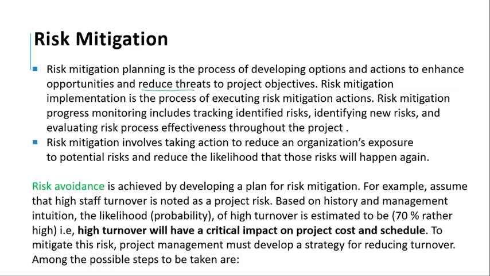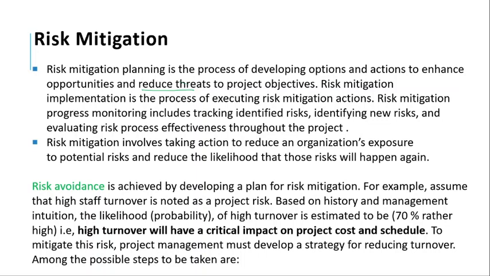So for example here, assume that high staff turnover is noted as a project risk. During the project identification, we have noted that high staff turnover is one of the project risks.